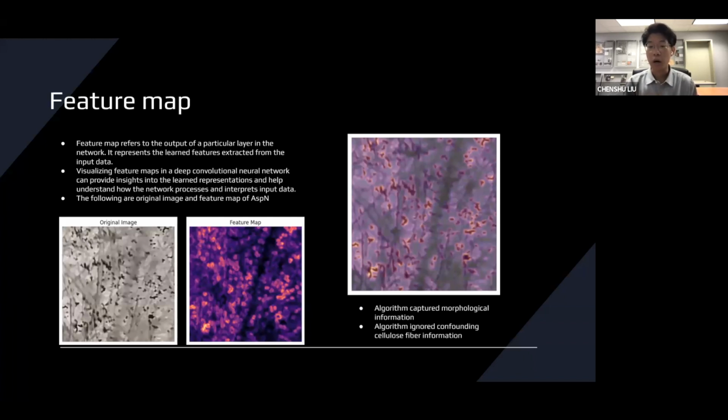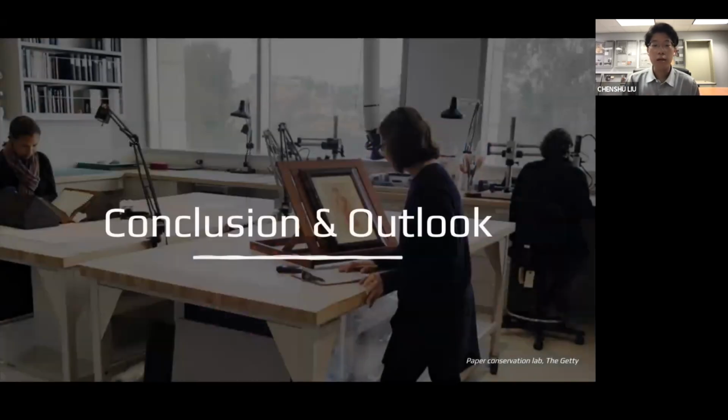In other words, the model is just using the morphological information from the image about the microorganism bodies instead of something on the background, such as the cellulose fibers, proving that our model is actually learning the morphologies of the colonies and the individual mold bodies. After that, I would just pass on to Allison to further talk about some concluding remarks.